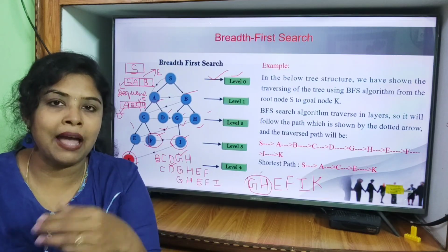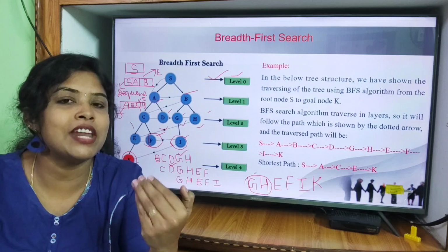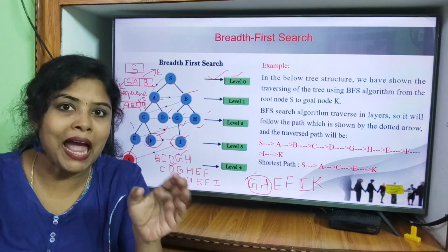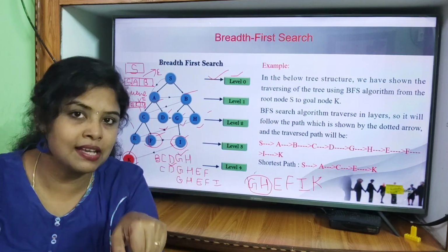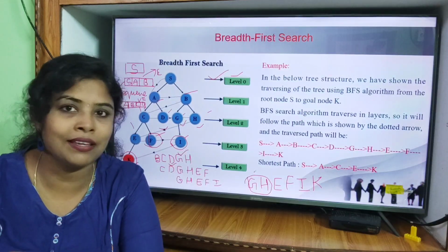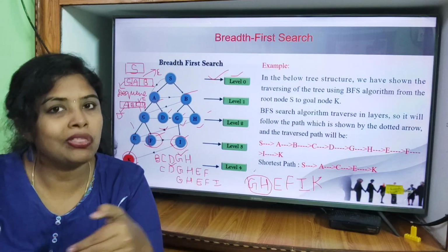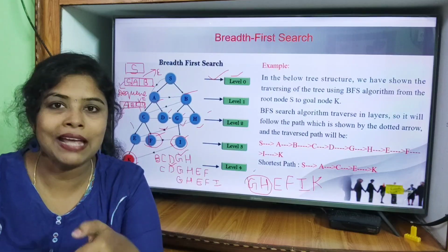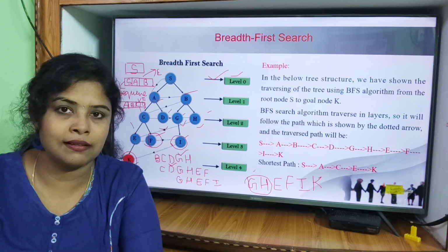Like that, I am going to check each and every element in the queue, and check if it has any successor nodes. If it has successor nodes, I need to add them in the queue, and as per the order of the queue items, I need to go for the traversal.